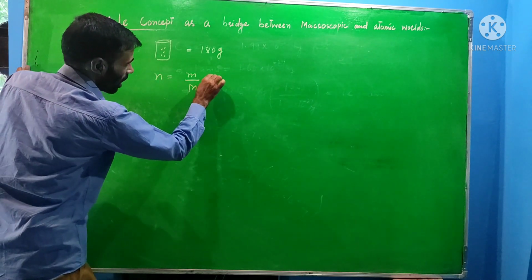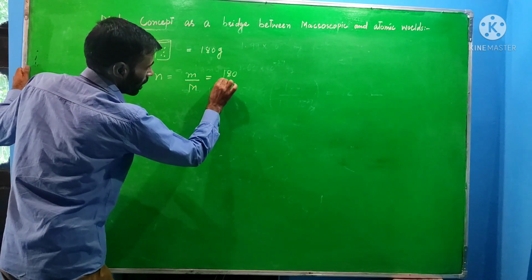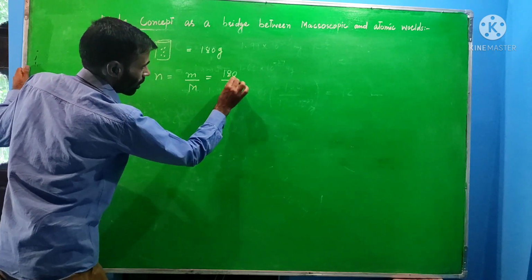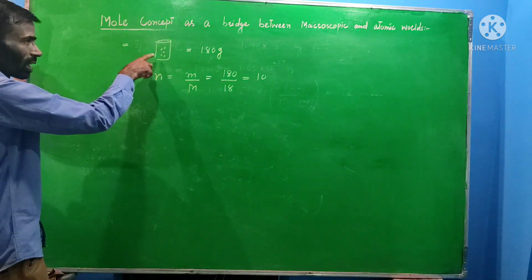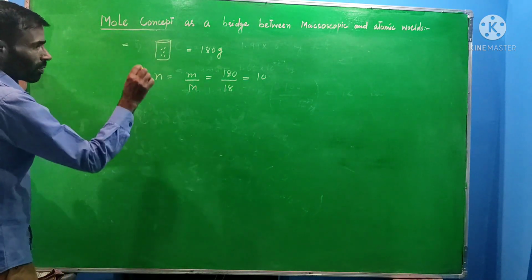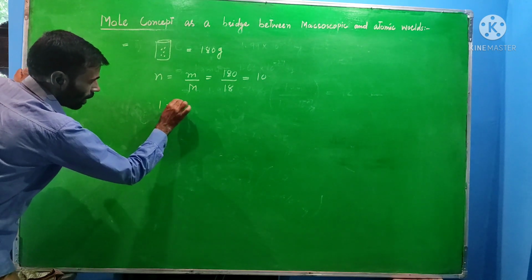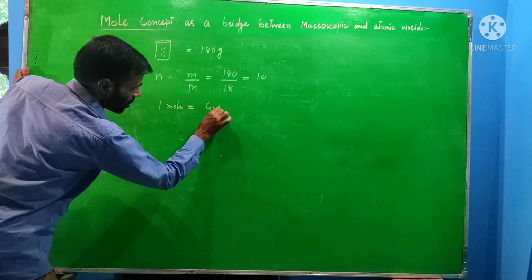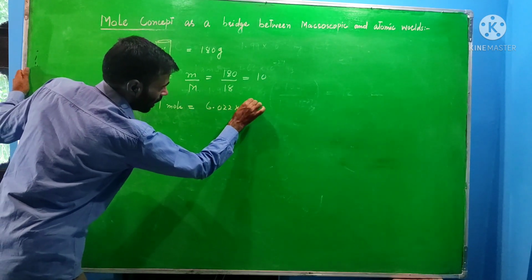So here the mass in grams is 180, divided by the molar mass of water, 18. So this is equal to 10. 10 moles of water are present within this glass of water. After that, we know 1 mole has a number of molecules equal to 6.022 into 10 raised to power 23.